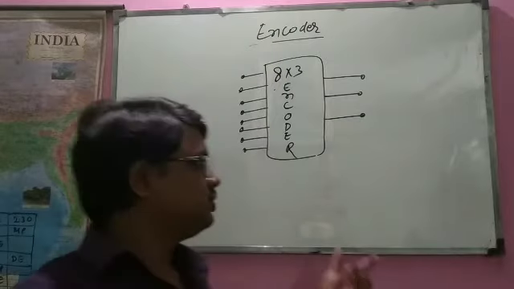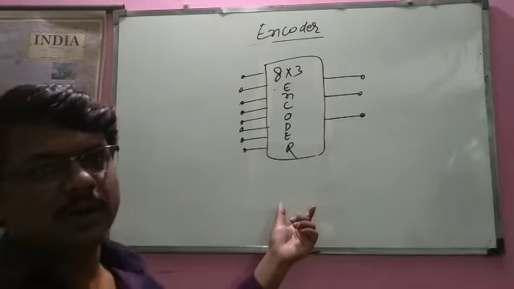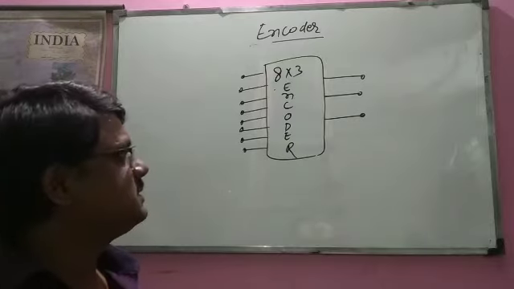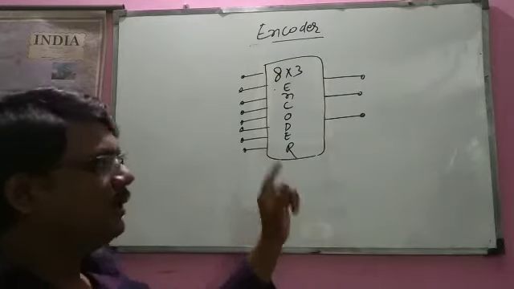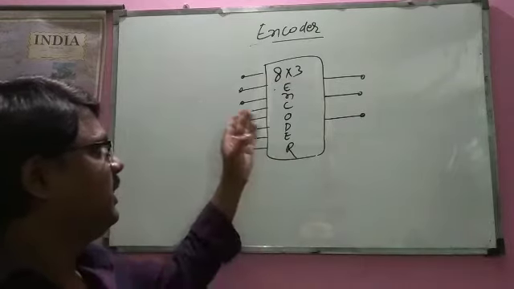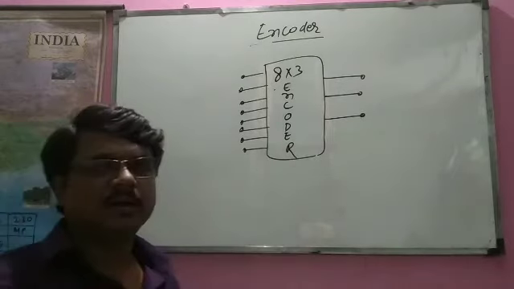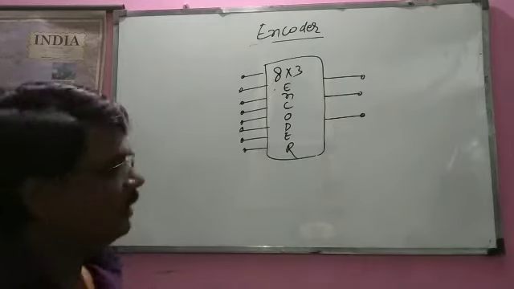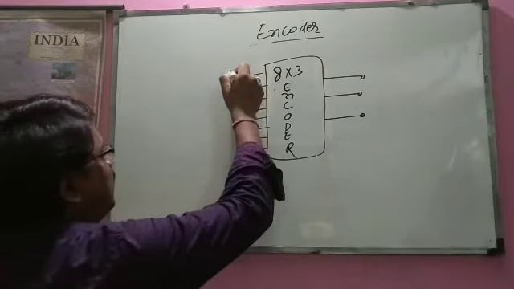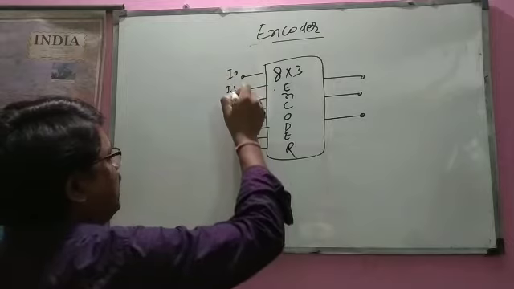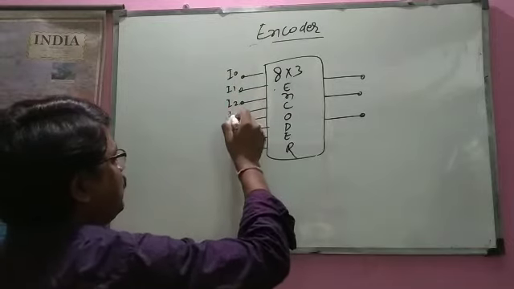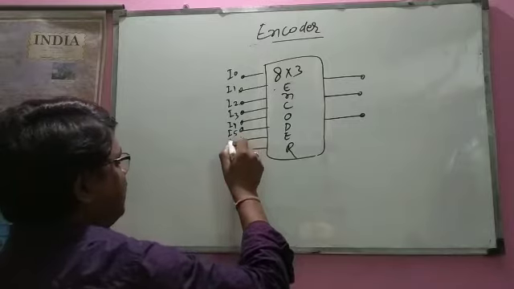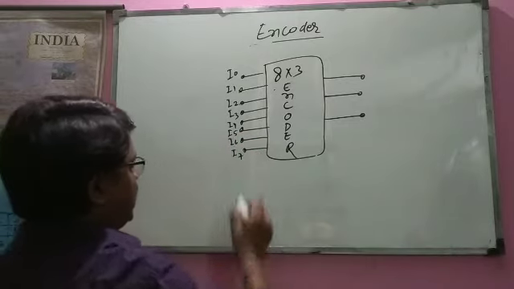So it is not many:1 or 1:many, but it is a many to many circuit. There are 8 inputs and there are 3 outputs. Okay, so let us suppose the inputs will be I0, I1, I2, I3, I4, I5, I6 and I7.